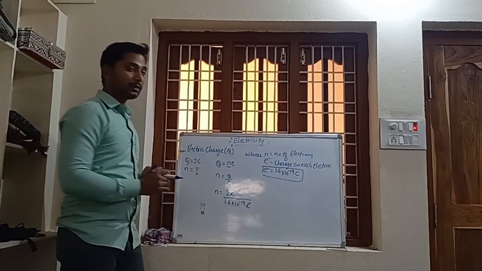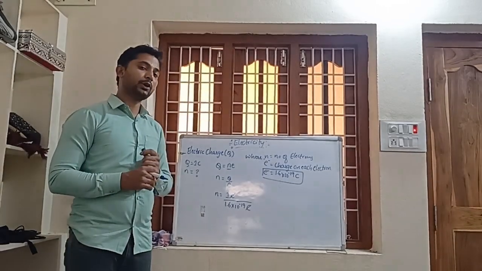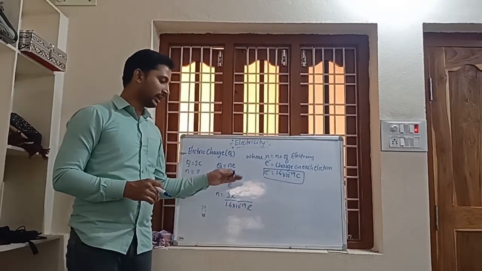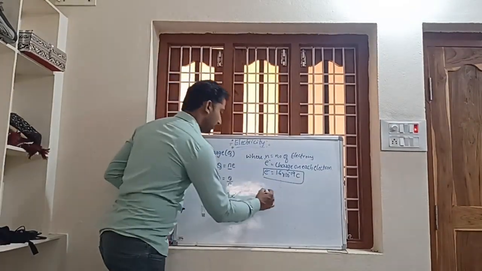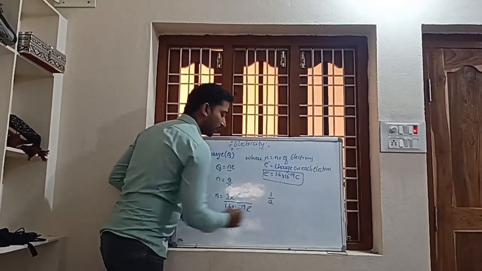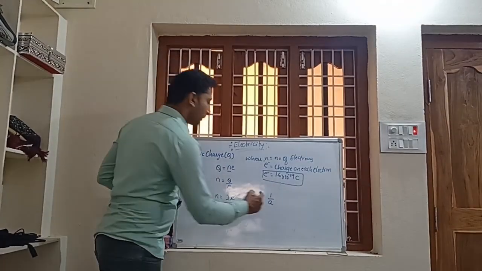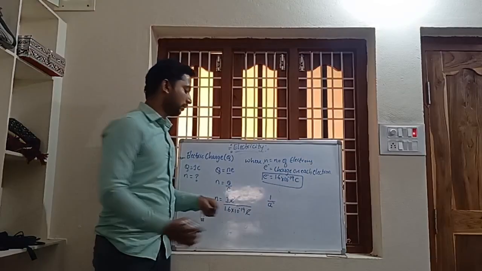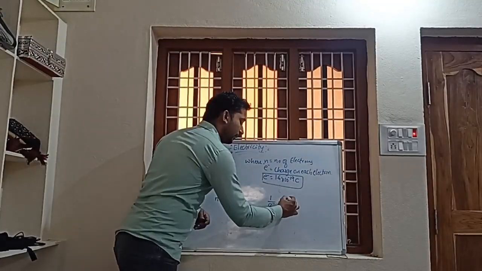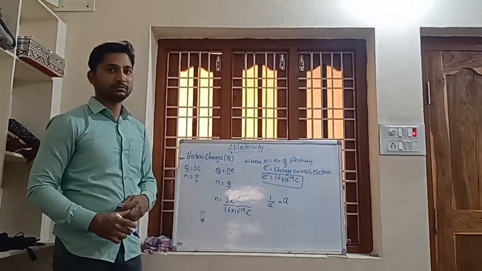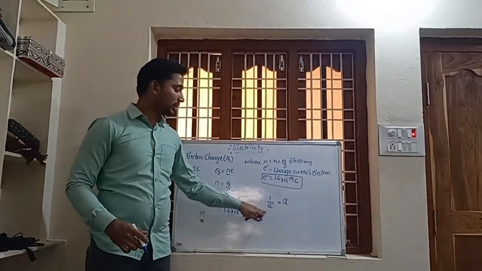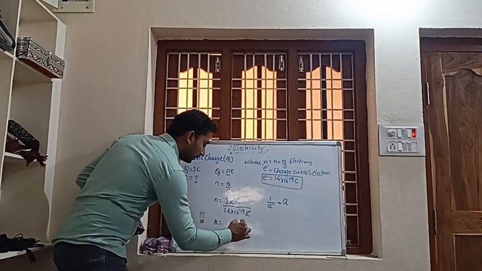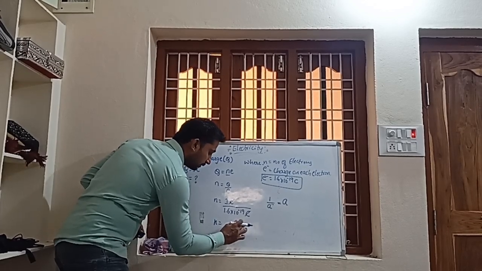And the minus power in the denominator, if you take it to the numerator, it becomes positive. For example, 1 by a power minus 1, if you take it to the numerator, it becomes a. So both are equal. Similarly, I can write 10 raised to the power 19.